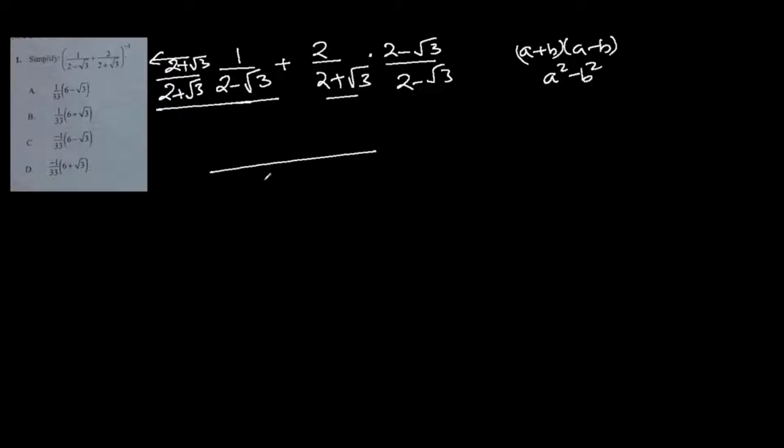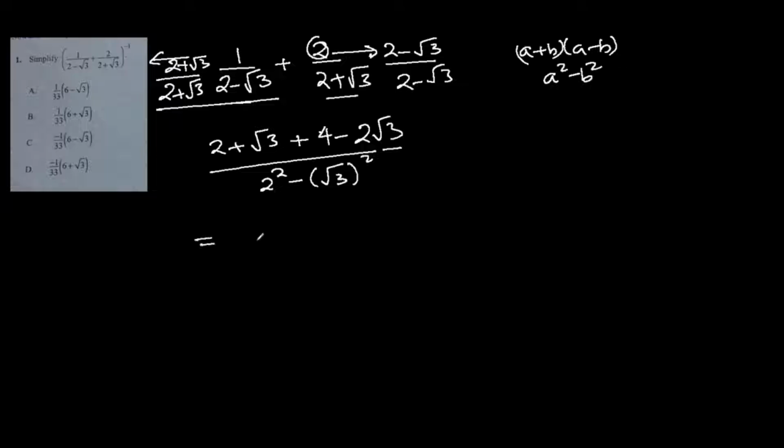So we'll write here 2 squared minus square root 3 squared. Okay, and the numerator will be 2 plus square root 3 plus 2. This time this 2 is multiplying with both of them, so it will be 4 minus 2 square root 3.